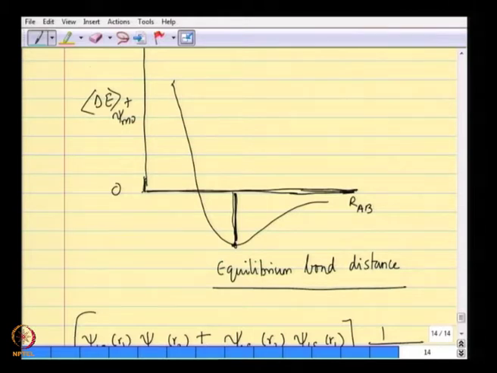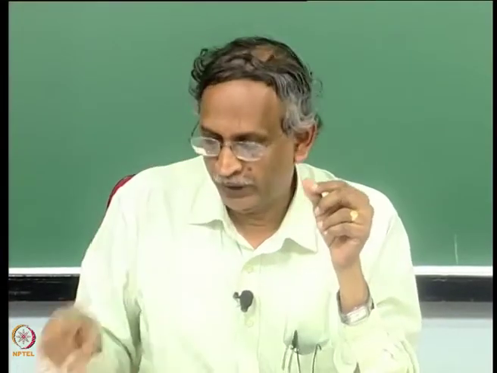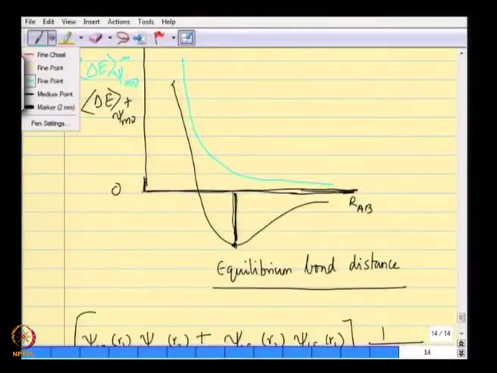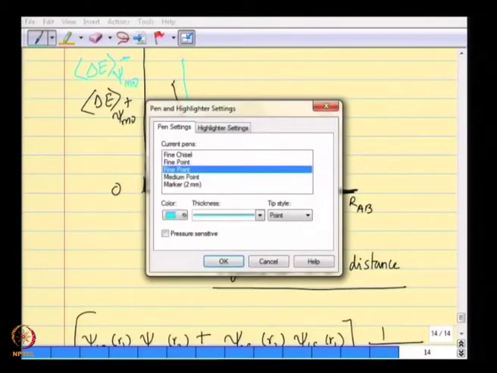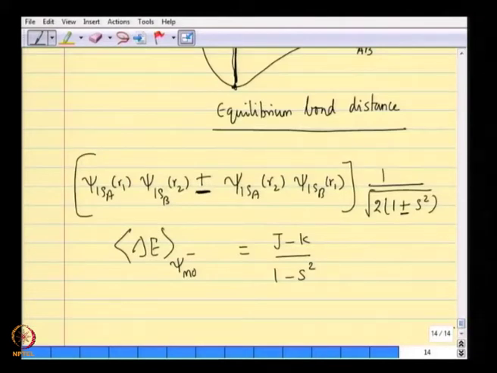So, if I plot delta E minus psi MO minus, then the graph shows no minimum, which means that when the energy is calculated for the antisymmetric combination, please note that this is an antisymmetric combination with the minus sign.